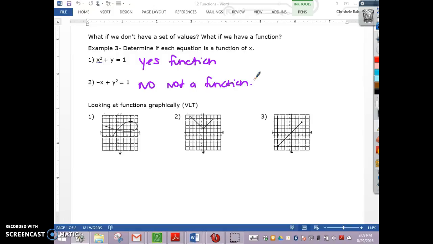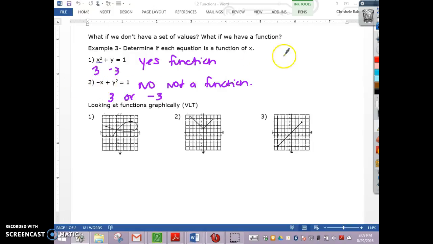Because I'm squaring this y here, that means that if I put in a 3 or a negative 3, I'm going to get the same x value, and it will cause a repeated x. Squaring would give you the same number.